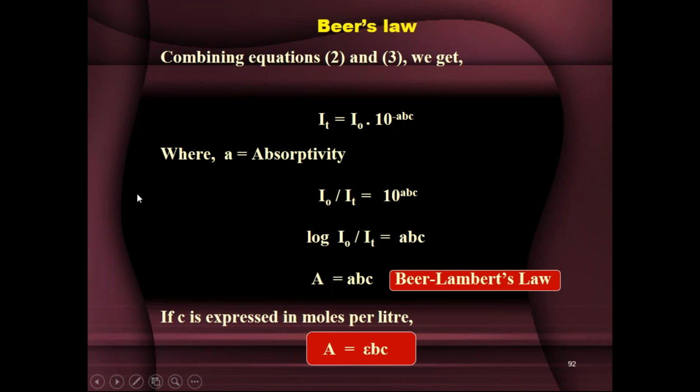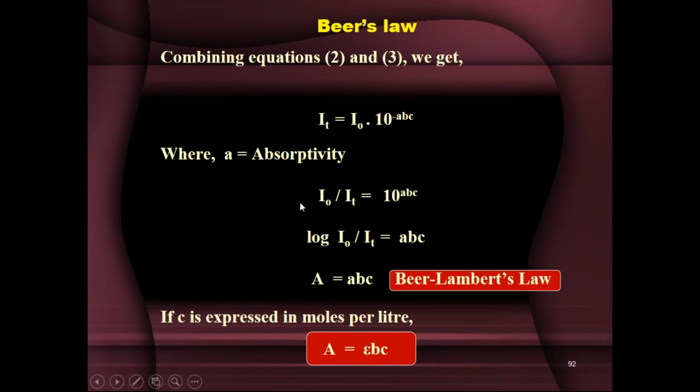So now rearranging this, what you do is take 10 raised to minus ABC to the other side. So it becomes 1 by 10 raised to minus ABC, that becomes 10 raised to ABC. And IT you take on this side. So it becomes IO by IT equals 10 raised to ABC.